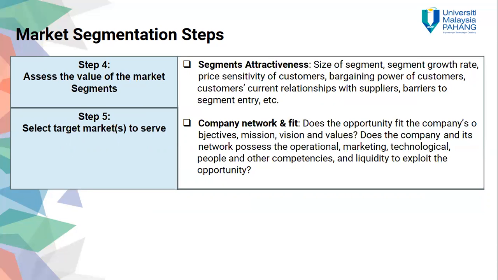And then how you want to bargain, the power of customer, which means that you can offer a very attractive price so that the customer will come to your organization. And also looking at your current relationship with your supplier.